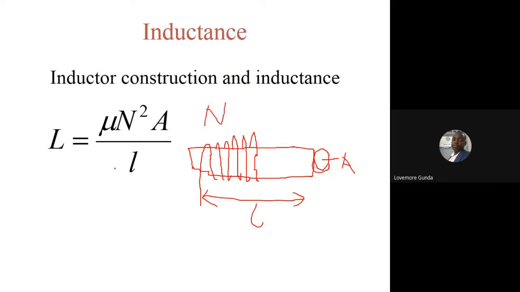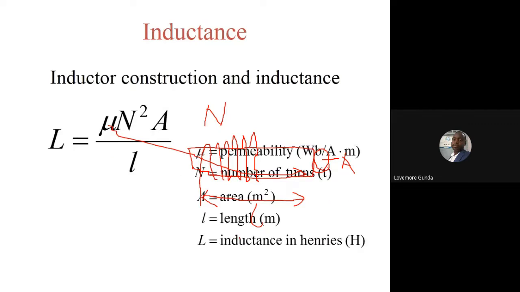So the inductance of such a coil, L, is equal to mu, the permeability of this core, times N squared, the number of turns in the coil, times the cross-sectional area A, divided by the length of the coil. That gives you the inductance of that inductor.